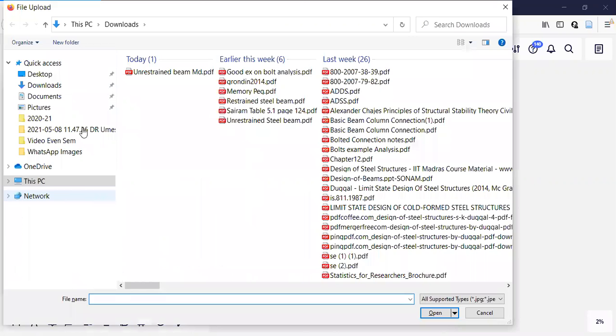There is a net problem in this area actually. Sairam table. It may be already merged in that notes, I don't know, but anyway, I don't remember it. I'll just download it.